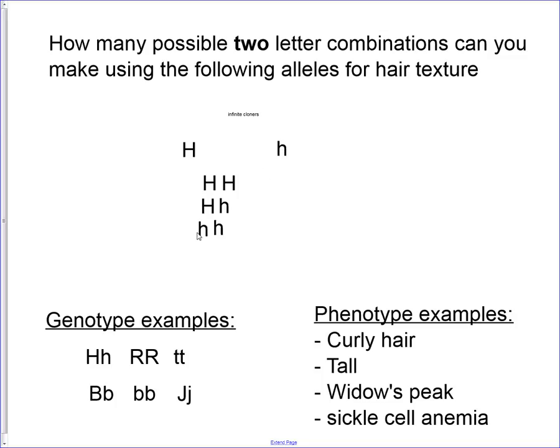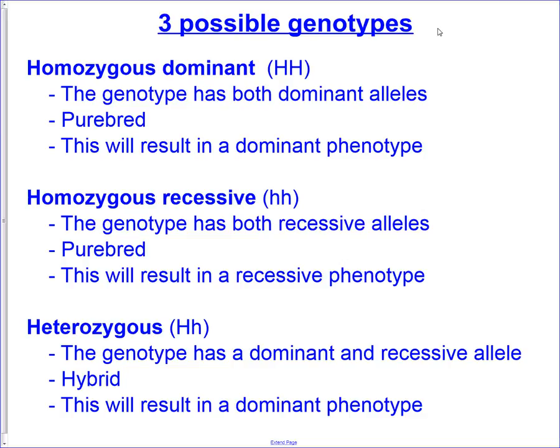So your mom and your dad passed down 2 recessive alleles. Now you might be wondering, there's also little h, big H, but that's still the same combination as big H, little h. It's a different permutation, but it's the same combination, so we're not going to worry about that one. All right. Okay, 3 possible genotypes.